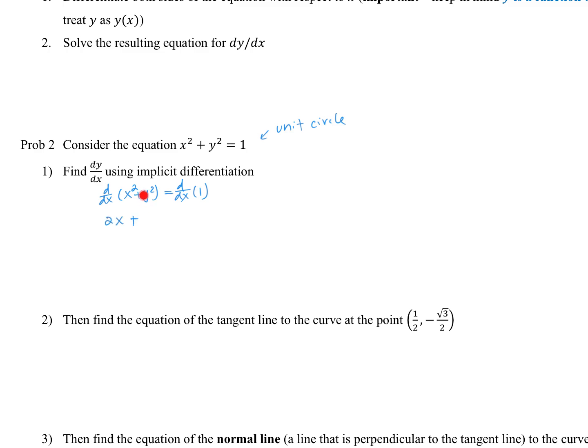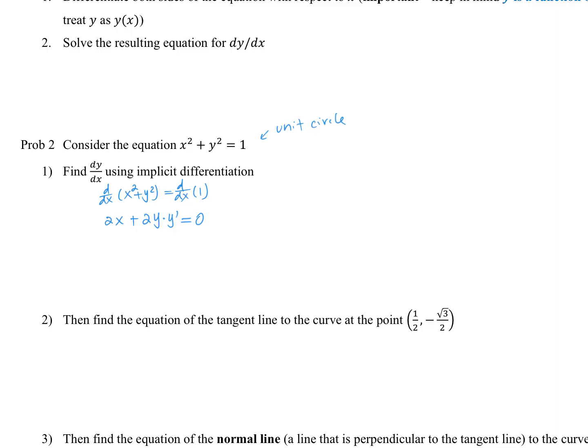The second term is y squared. Now the variable is x, here the variable is y. They do not agree. We have to use the chain rule. And then we will have 2y times the derivative of y, which is y prime. The right-hand side, 1 is just a constant, so the derivative of a constant is equal to 0.